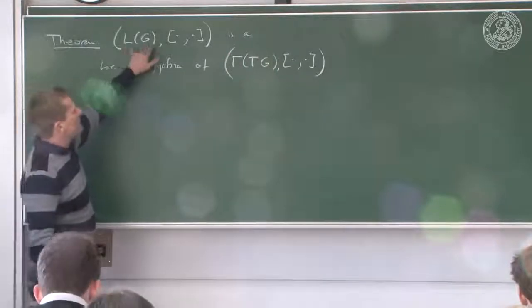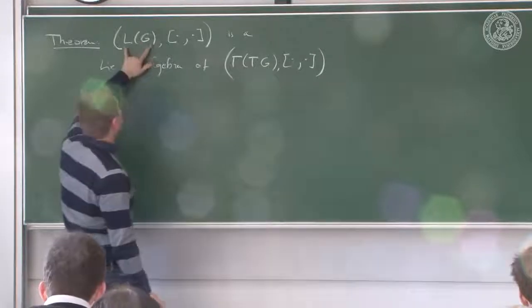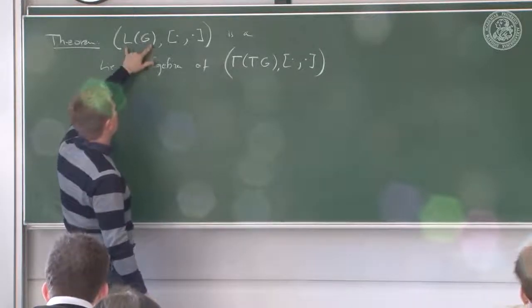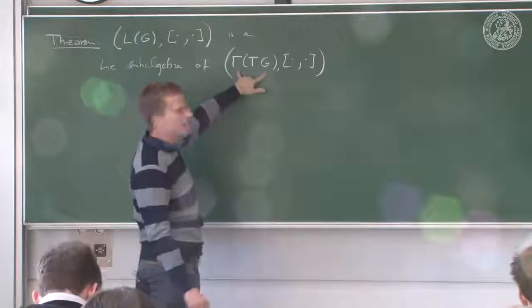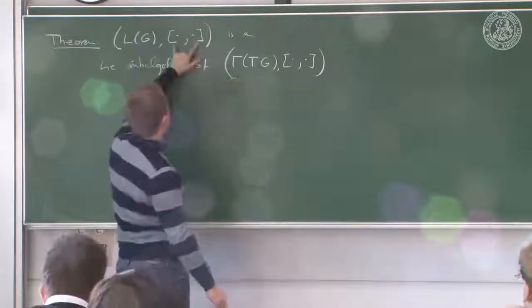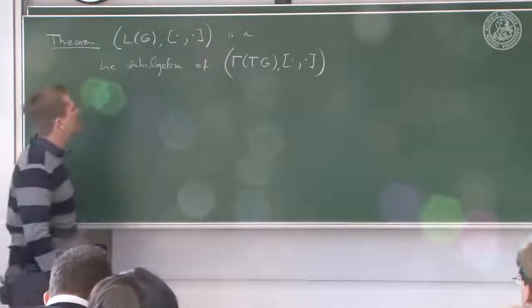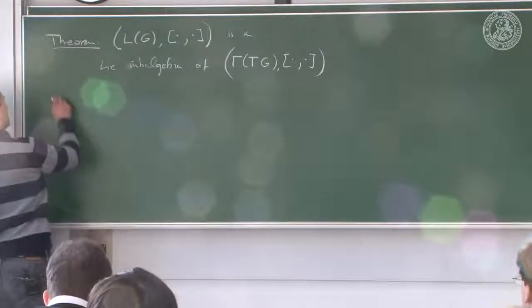Well, I know that L of G is a subset of gamma of TG, and I know that it's even an R subvector space of this. Now, what is it with the brackets? This is the bracket only restricted to this, but the question is, does the bracket close on L of G?